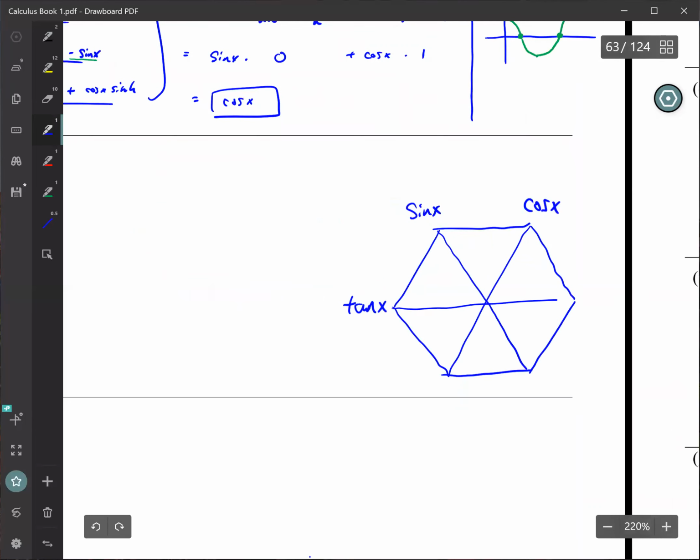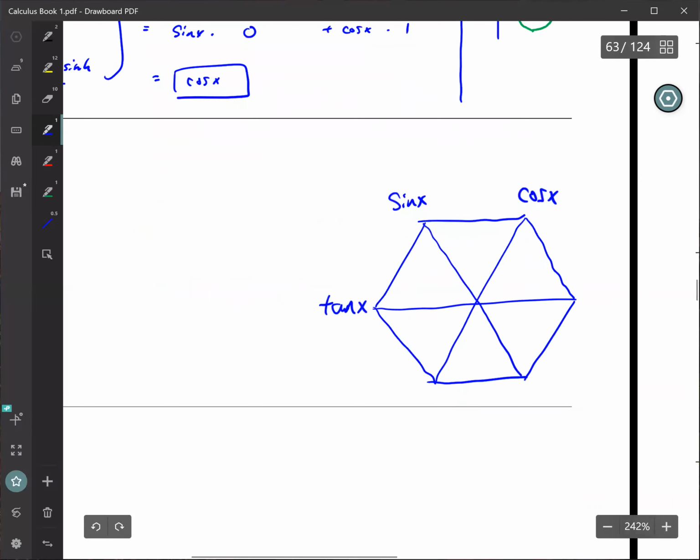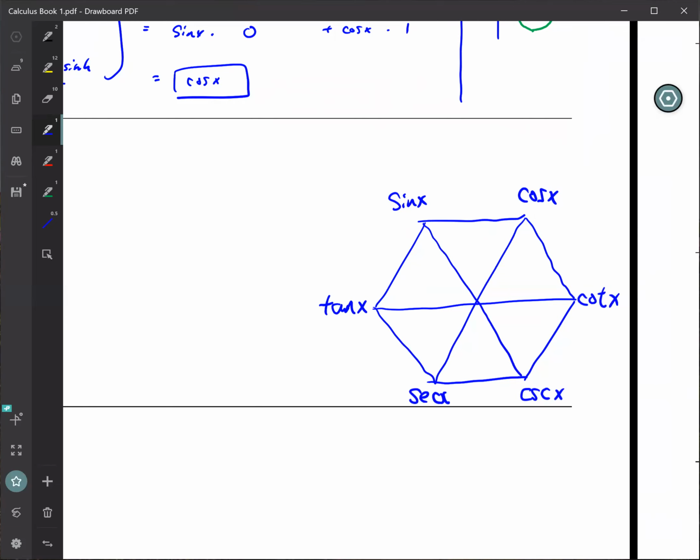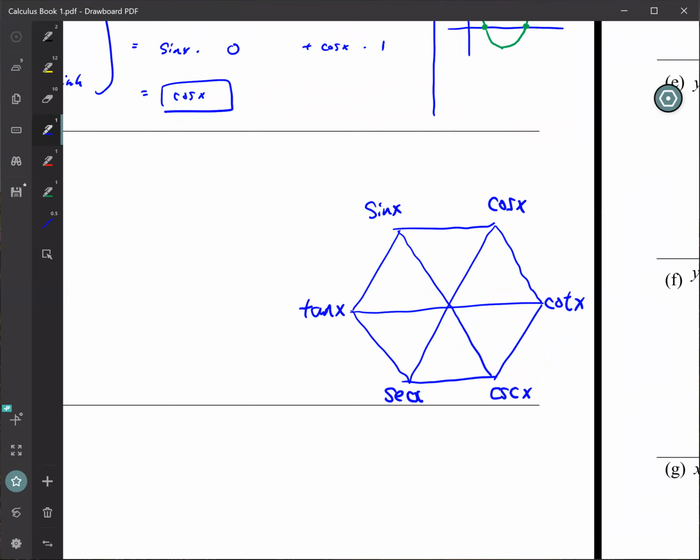What's the sine reciprocal? Cosecant. Okay, cosine will be secant, and then tangent will be cotangent.